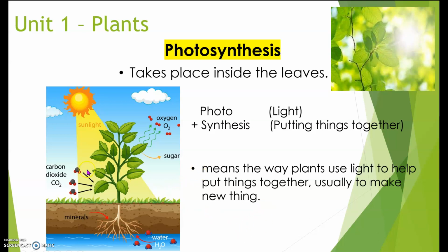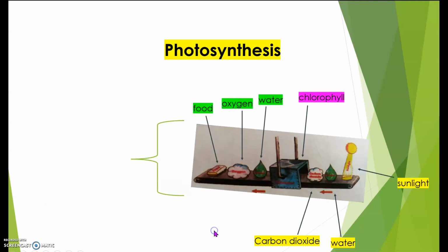So, photosynthesis, which takes place inside the plant, means photo is the light, and synthesis, putting carbon dioxide and water together to produce new things, which are oxygen, water, and sugar. Okay, we will talk about it more on our next slide.